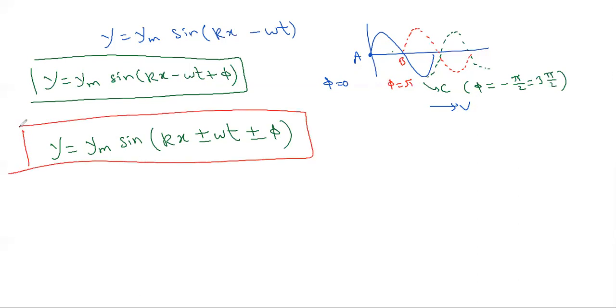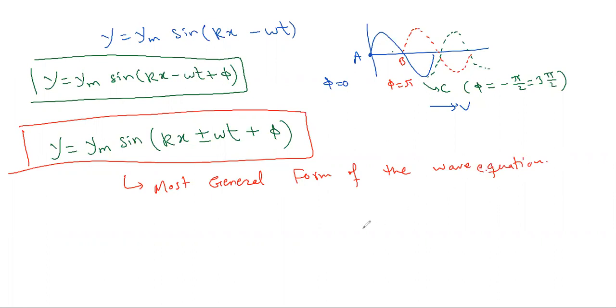Or for the sake of simplicity, since this phi is just a constant, you can just put a plus sign here. Even if phi is negative, then minus pi by 2 will automatically change its positive with the negative sign. So this is the most general form of the wave equation that we can deal with in this chapter.